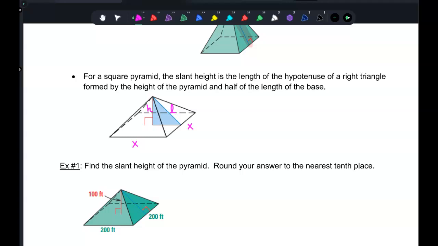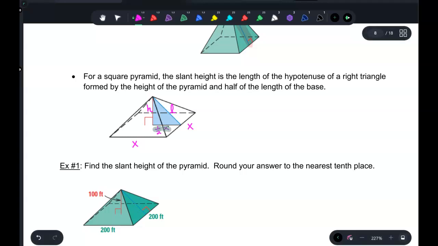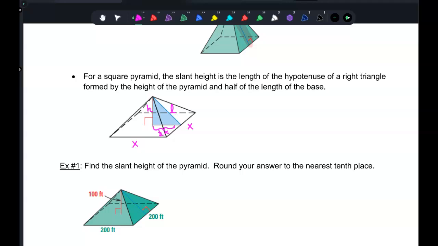If this whole side is X, what do you think this one would be? Well, let me give you a measure. Let's say this side was 10. How much do you think this would be? 5. So that would be half of X. It's half. So this would be 1/2 of X.